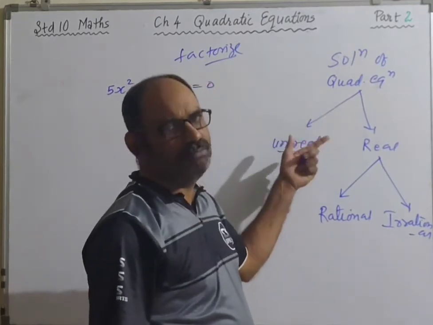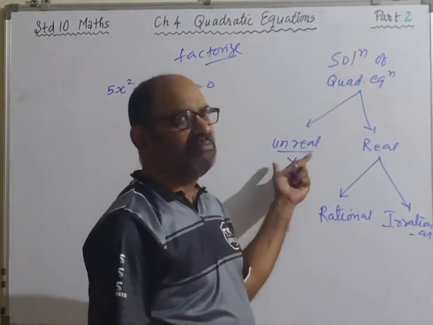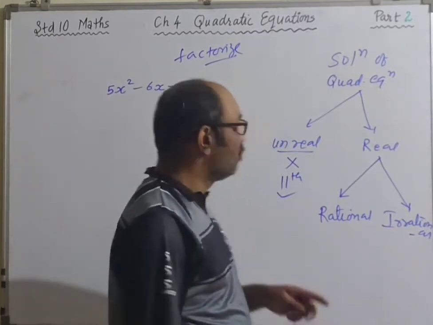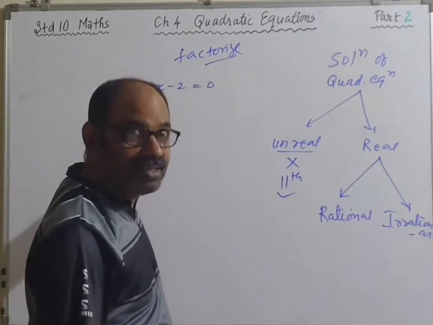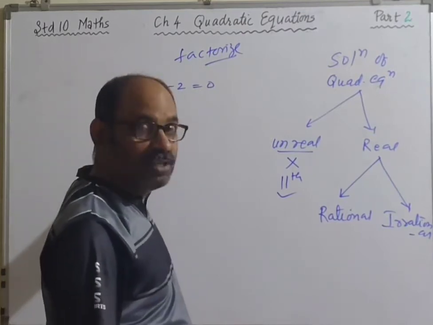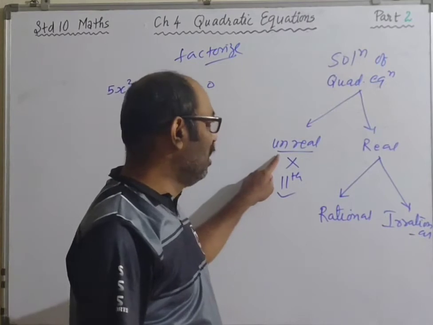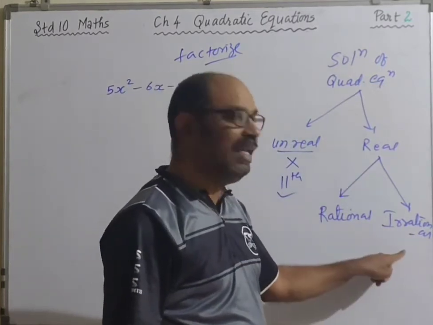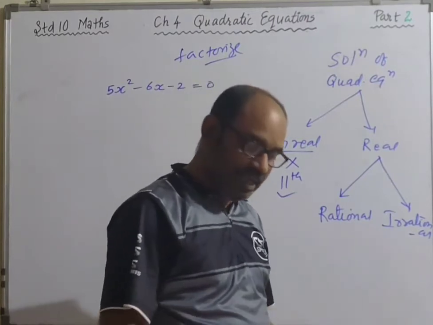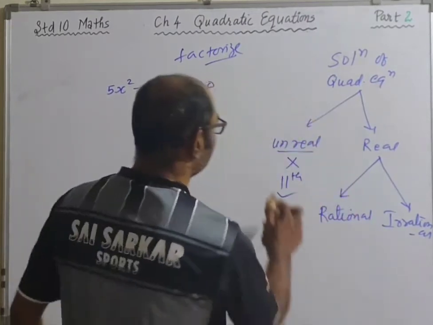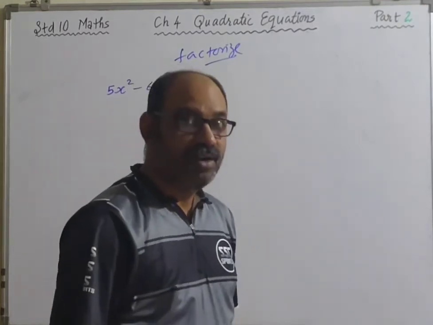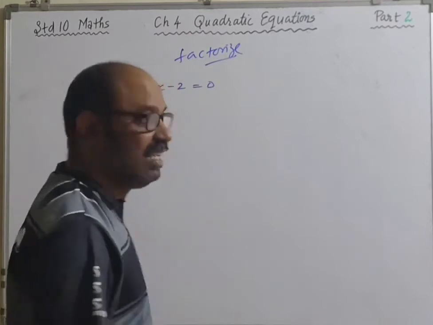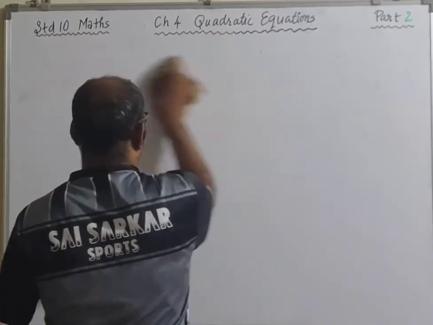And the other option, if you can't factorize, is that maybe the solution is unreal. Is that clear? So here you can't factorize this. That means the solution of this quadratic equation is either unreal, or if real, it will be irrational. All right, let's check. Now children, what to do here? I'll solve that later. I'll take an easier one first. Okay?